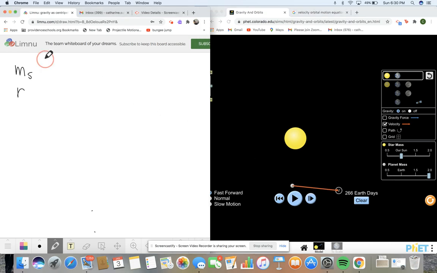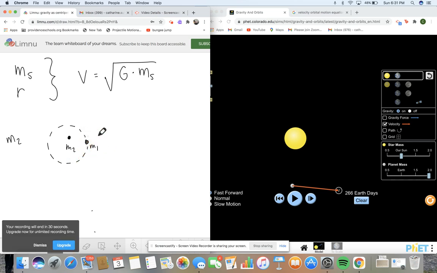Okay, so it turns out that the velocity of an object orbiting another massive object is equal to the square root of that g constant that we just introduced times the mass of the sun. Remember, sometimes the mass of the sun will have m2 as its name. Remember, m2 is that center mass, and m1 is that smaller orbiting mass around the outside.